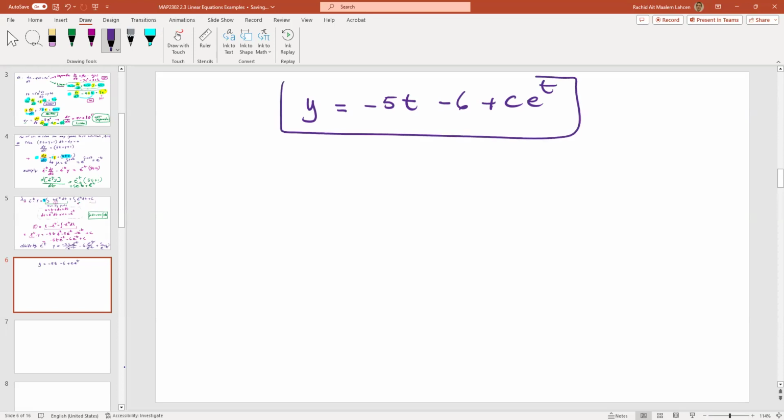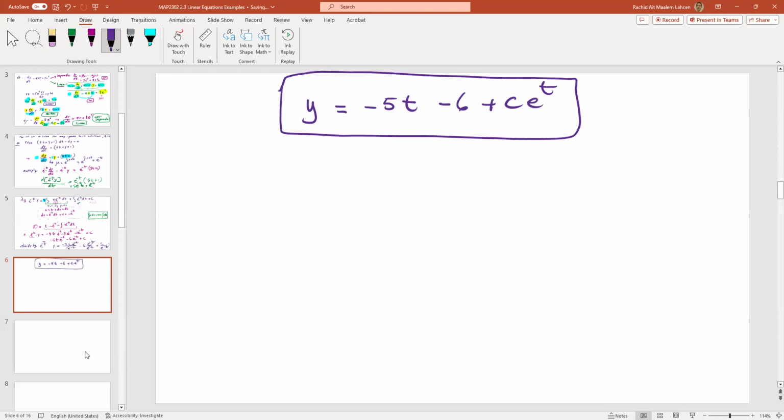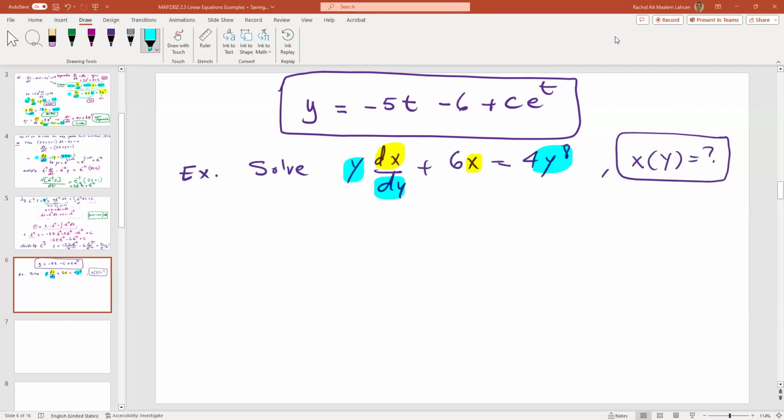Okay, so in this example, to solve this equation, I put in the colors to show you it's linear, and don't get caught up in y having to be a function of x. These are just variables.